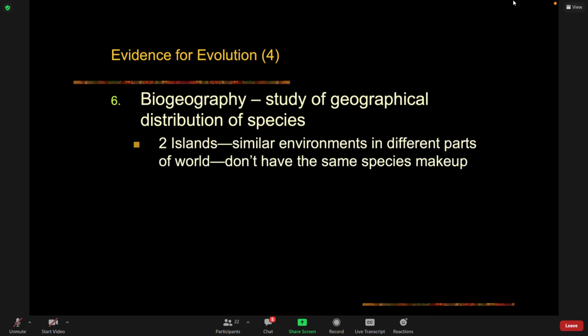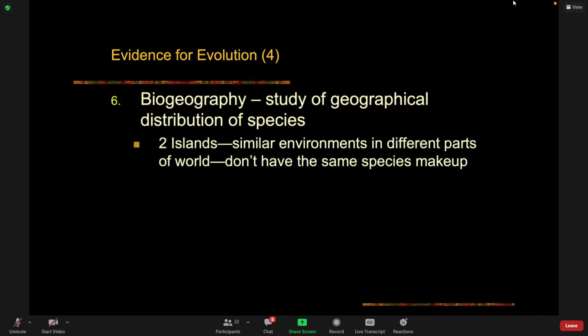If we look at two different islands, let's say they're tropical islands, they have the same basic climate. They have the same annual temperature, the same annual rainfall, but they're located in different parts of the world.